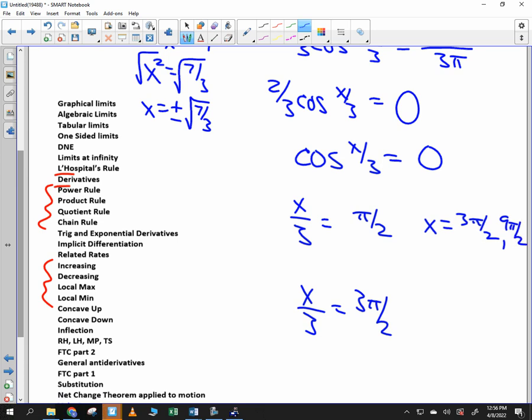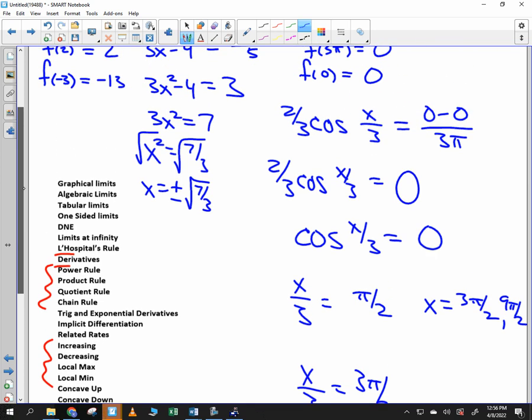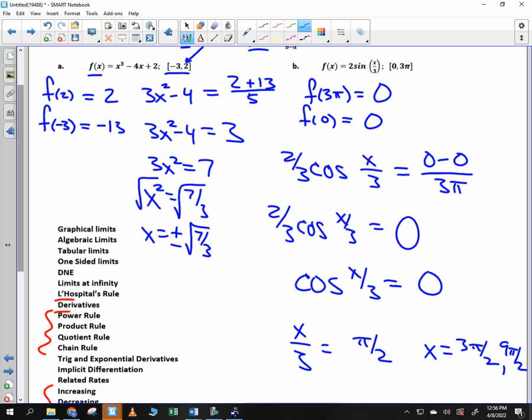And hopefully you begin to understand there's actually an infinite number of solutions to that. It just depends on how many times we go around the unit circle. So hopefully you can find one that sits in that interval. Do one of these sit within that interval? 3 pi over 2 sure does, doesn't it? So therefore, x equals 3 pi over 2. There is one solution.